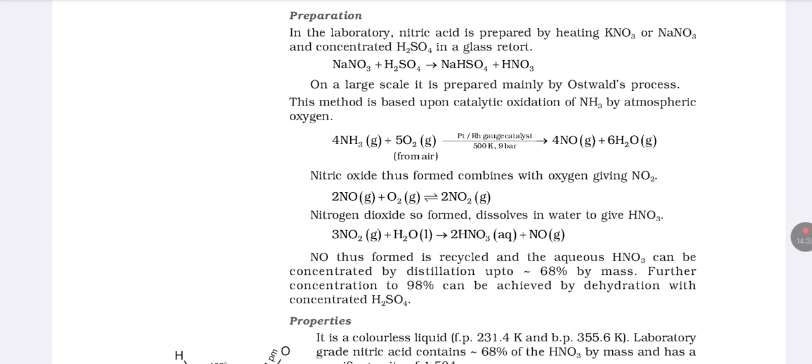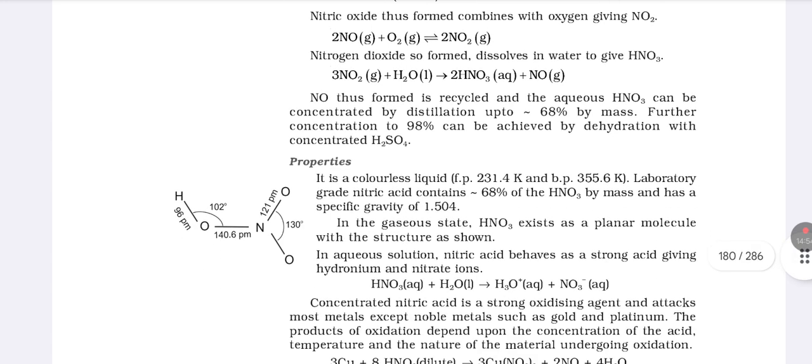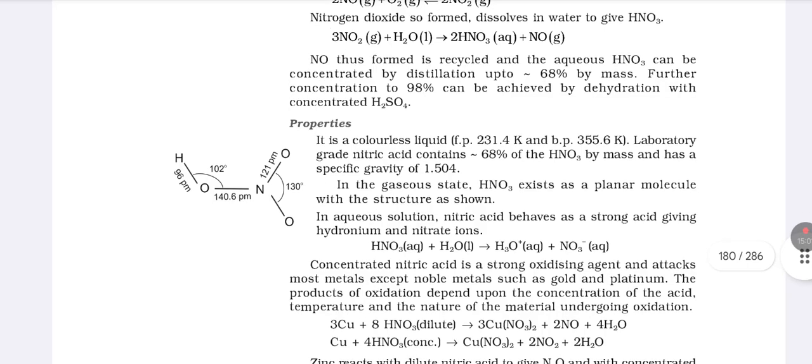On a large scale, it is prepared mainly by Ostwald's process. This process is based upon catalytic oxidation of ammonia by atmospheric oxygen. Nitric oxide thus formed combined with oxygen gives NO2. Nitrogen dioxide so formed dissolves in water to give nitric acid. NO thus formed is recycled and the aqueous HNO3 can be concentrated by distillation.